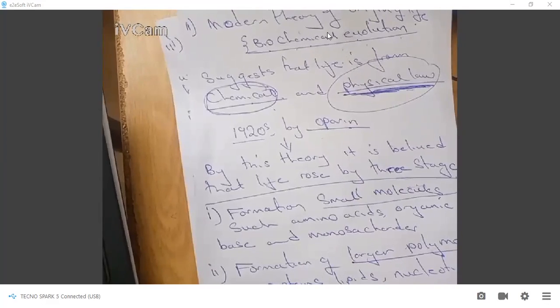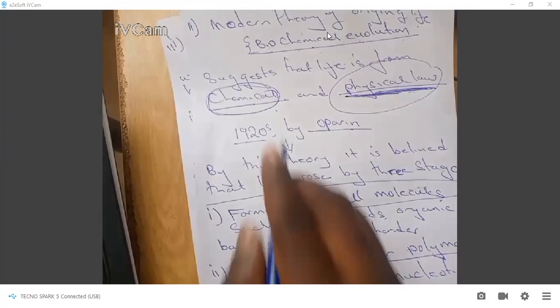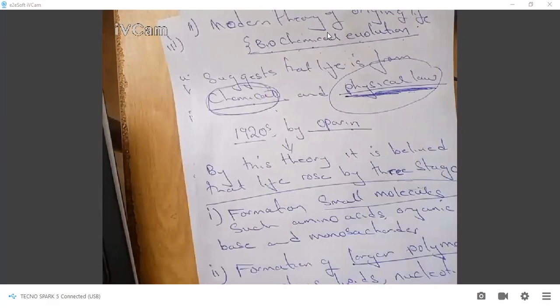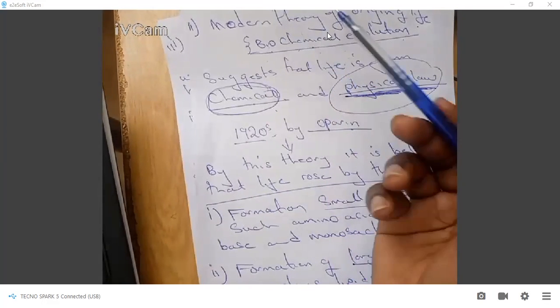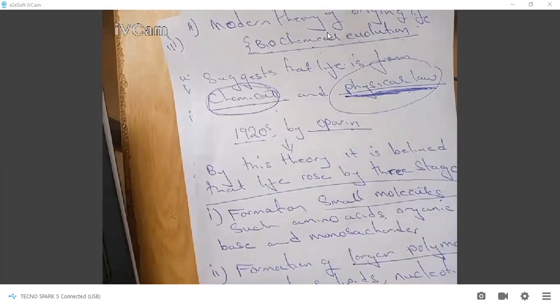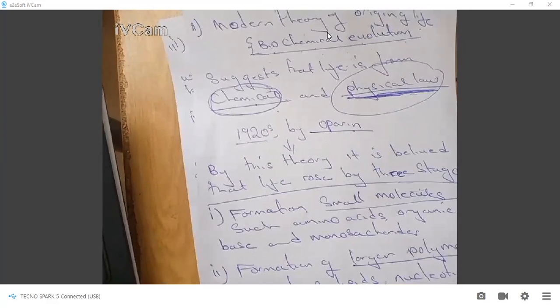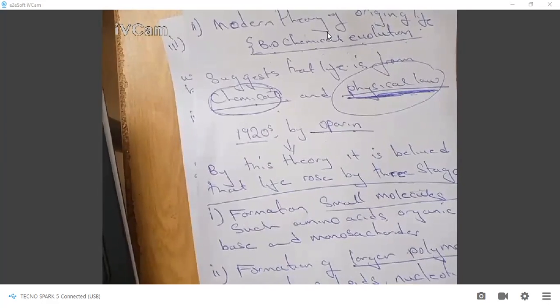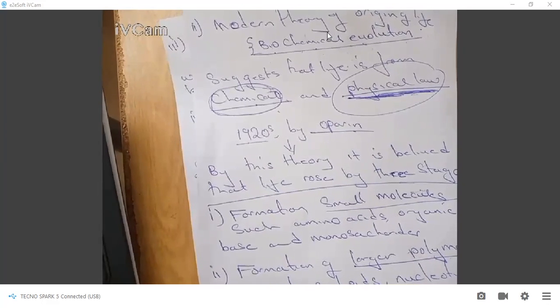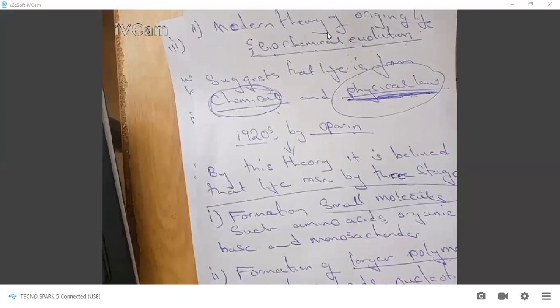Then lastly, the third stage involved in this theory of origin of life was formation of organisms. After formation of large polymers, these large polymers came together and we formed organisms.